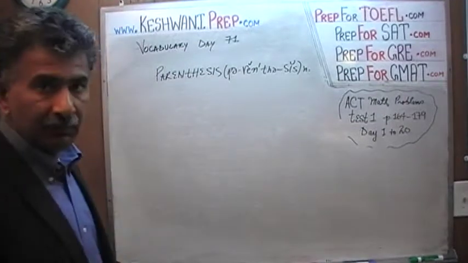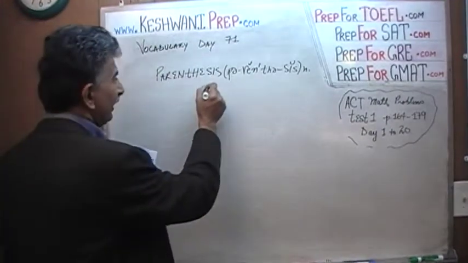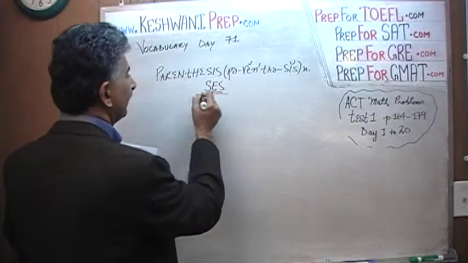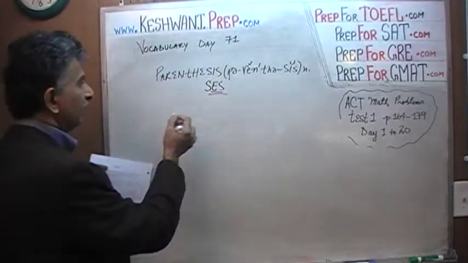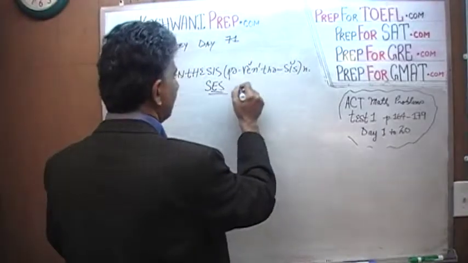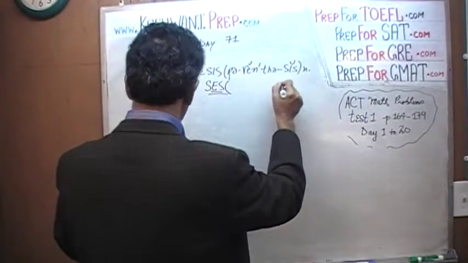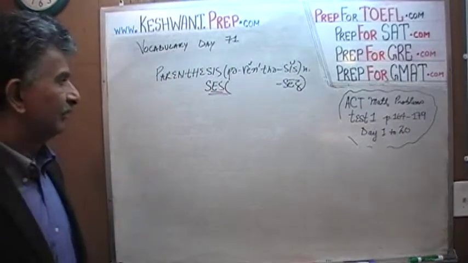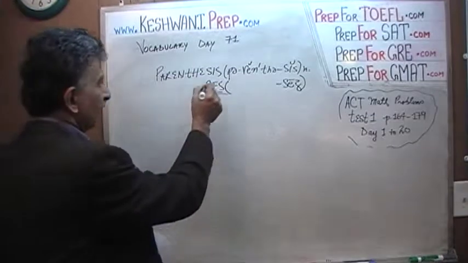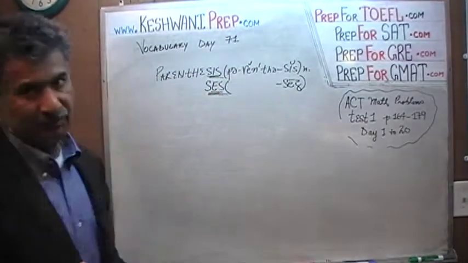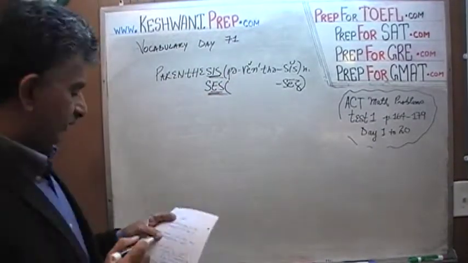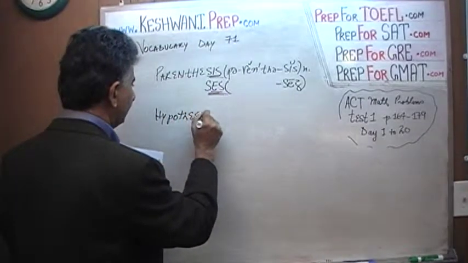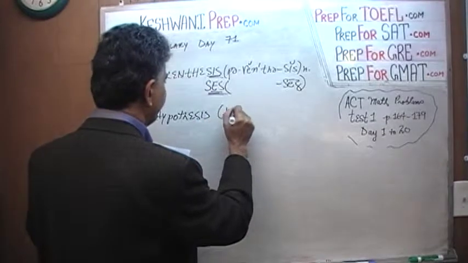It's pretty much the same word, except the last three letters, you end up having SES. The pronunciation will change to parentheses. Instead of SIS, it will be SES. Similarly, hypothesis is very straightforward.